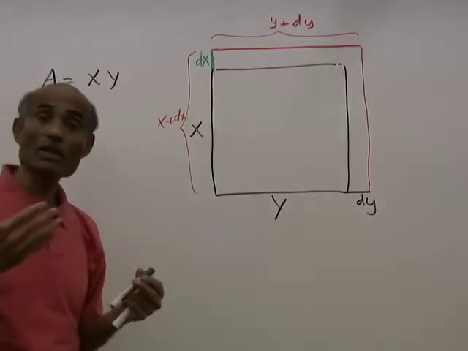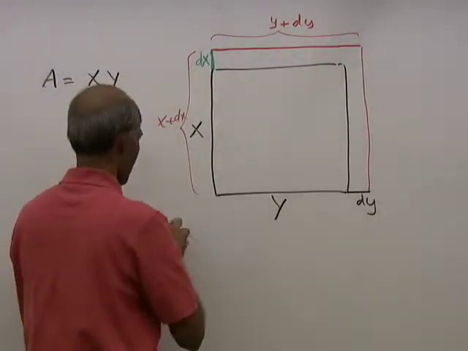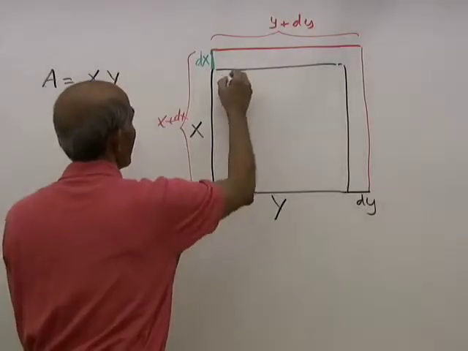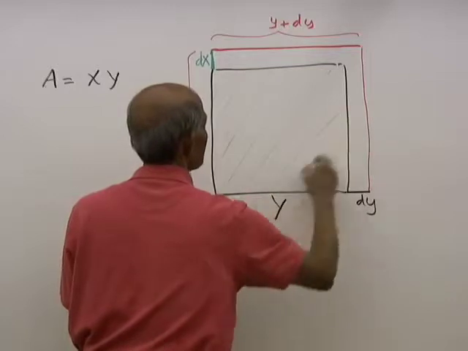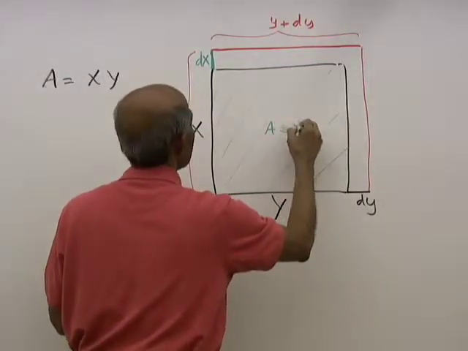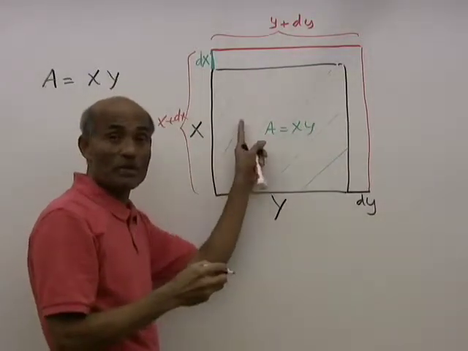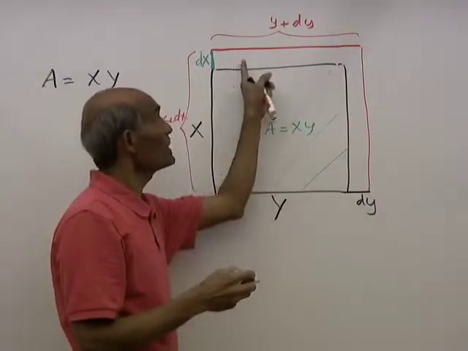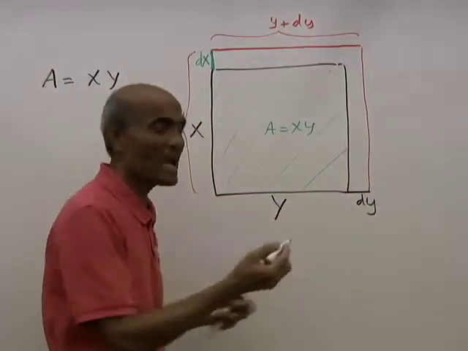Okay, so I can write therefore the new area. The new area is made up of the old area, which is this. Well, this is the old area, which is, we said, A equal to xy. Now the new area is made up of this old area plus the increased area. I'm going to call it dA.